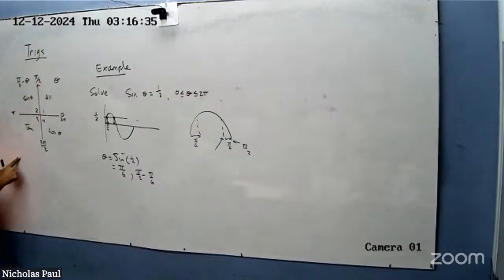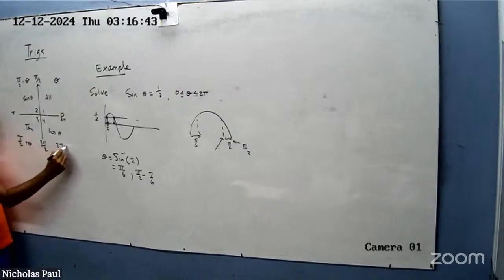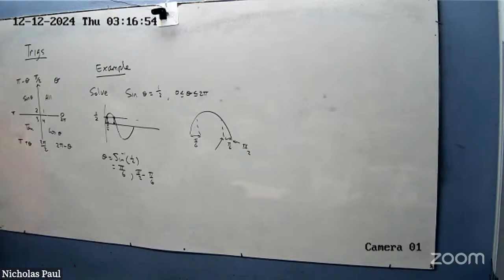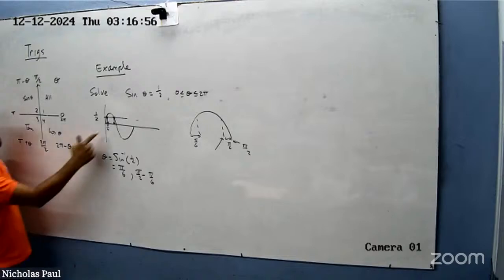To get the value in the third quadrant, what do you do? You take pi on 2 and add theta. And here it is 2 pi minus theta. But the next way you can do it is this: you take pi. Sorry, I rushed a step there. This value here is pi.